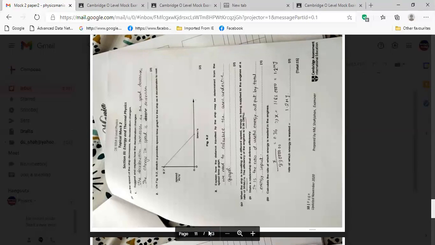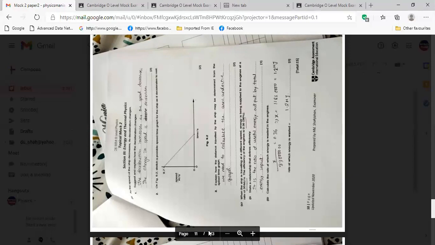So deceleration, is it okay? Let me check again. As the speed of the ship decreases, the resistive force also decreases, right? Yes, sir. The air resistance or the water resistance, that resistive force decreases.